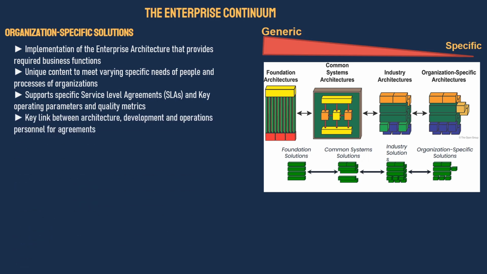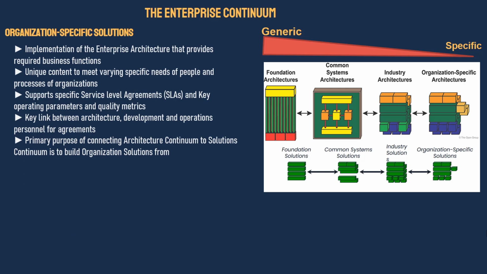A key link between architecture development and operation personnel for agreements. The primary purpose of connecting the architecture continuum to the solution continuum is to build organization solutions from industry solutions, system solutions, products, and services.